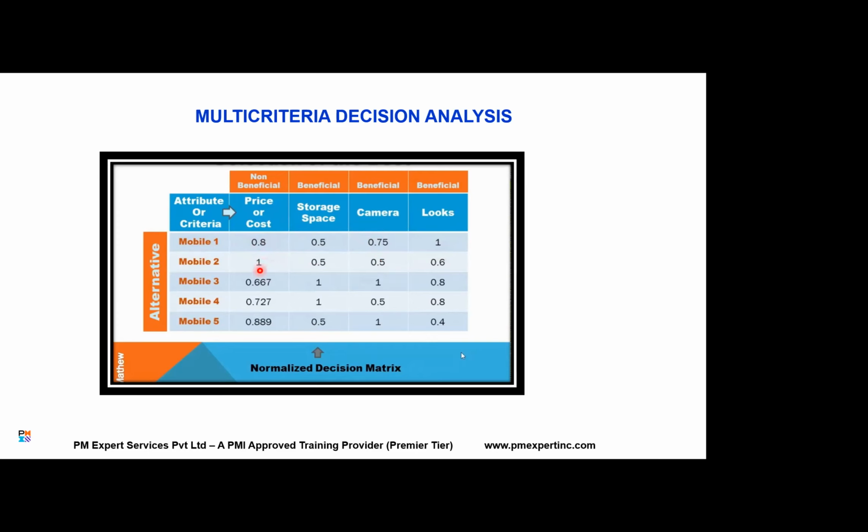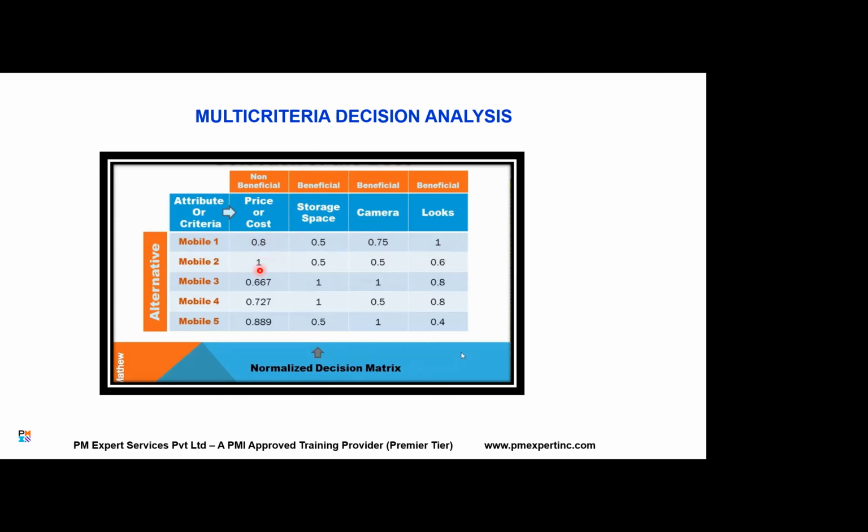Now tell me, in this case, which mobile variant should you select, if you have to compare all the mobiles based on price, storage space, camera, or looks? It depends on the requirement of an individual. But if, as a company, I have to launch a mobile, I have to go with the mass one, the average.